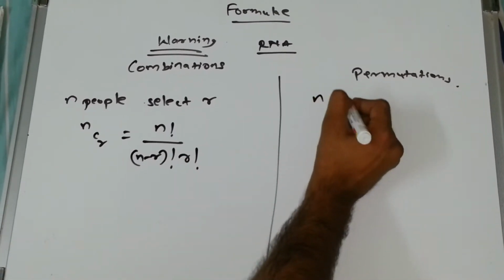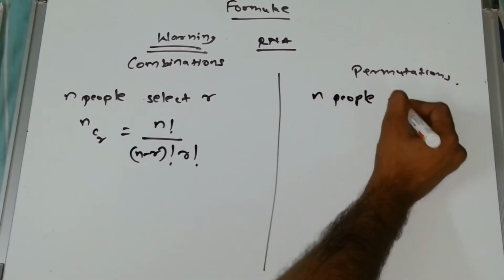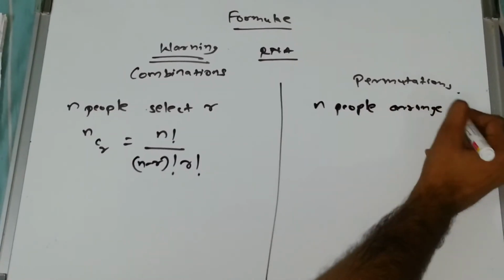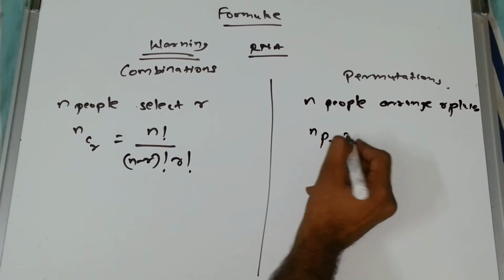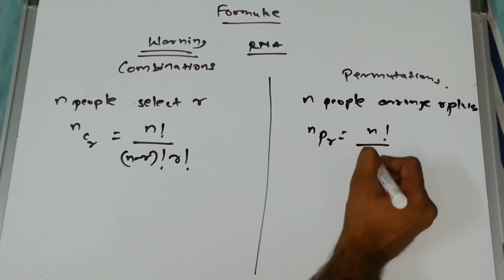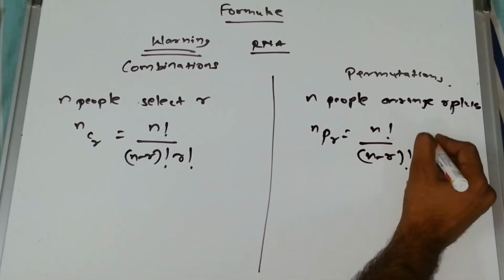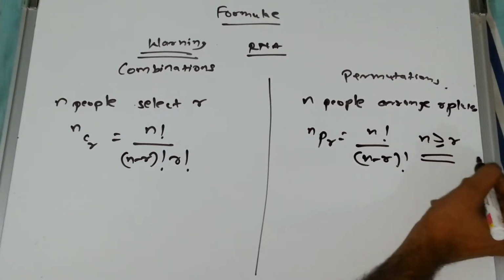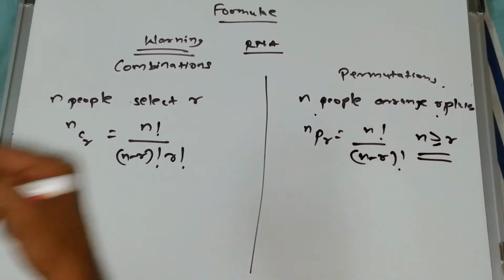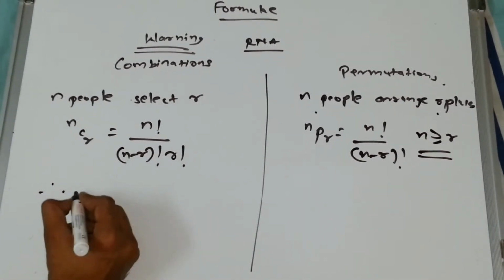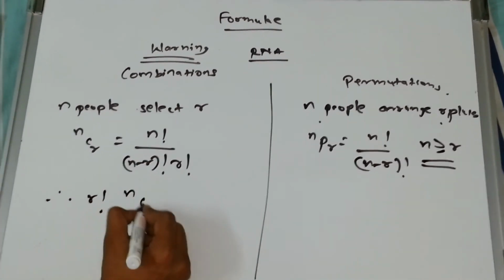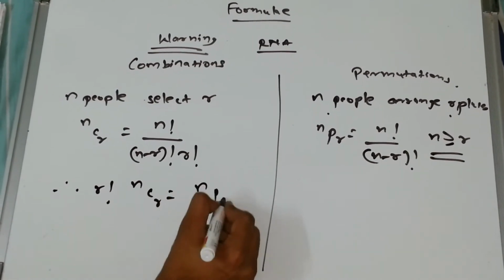Similarly, if we have n people and we have to arrange them in r places, we give it by nPr, which is equal to n factorial by n minus r factorial, where n is greater than or equal to r. We can also take it the other way around, as we have seen earlier. So from this we can derive that r factorial into nCr is equal to nPr.